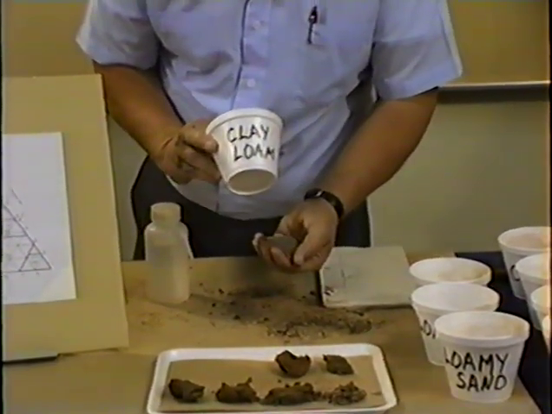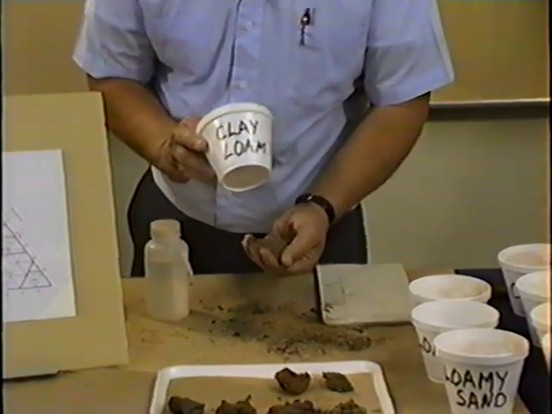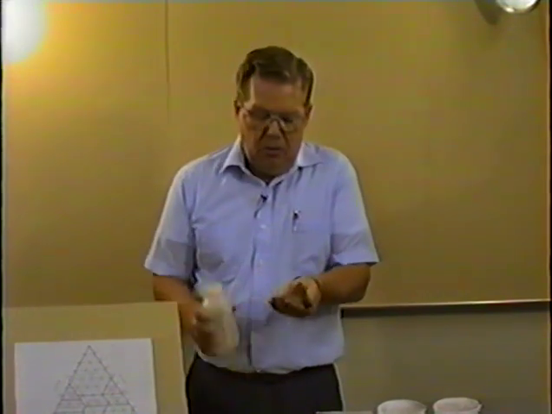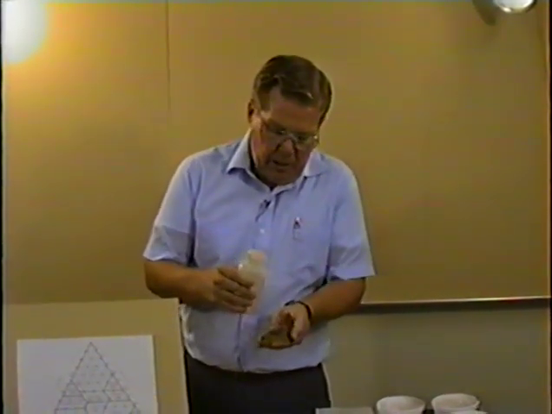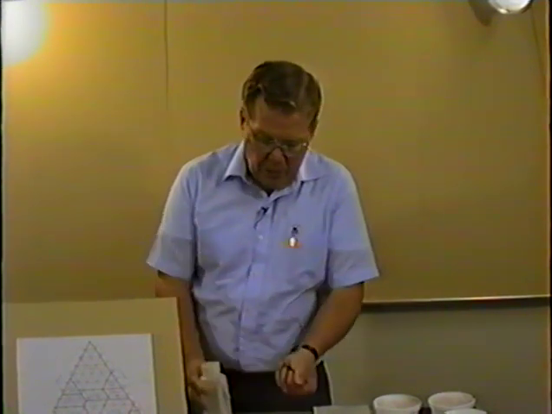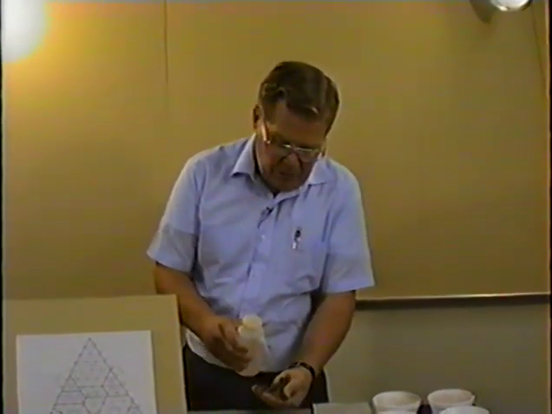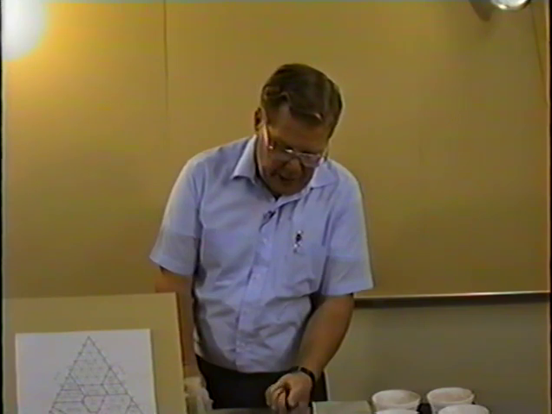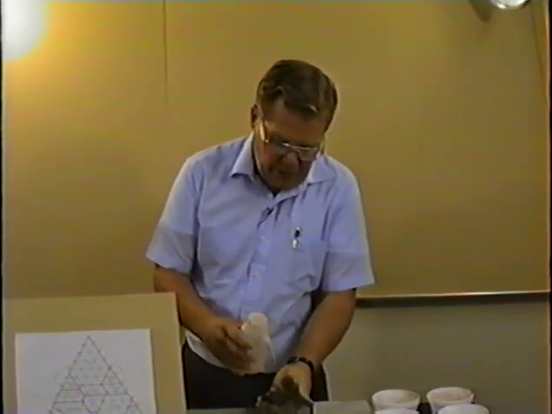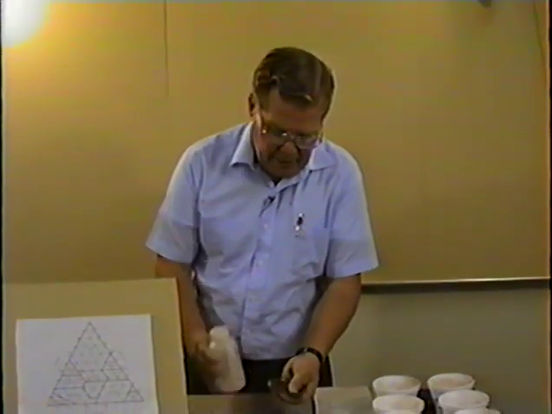Now the clay loam sample will have less sand content, and the clay will be the predominant soil separate associated with it. So now as I moisten and wet this clay loam sample, I should again have a ribbon that won't look much different from the one that I just dealt with. Neither will the stickiness feel a lot different. The big difference will be that I won't be able to feel the sand content, as much sand.